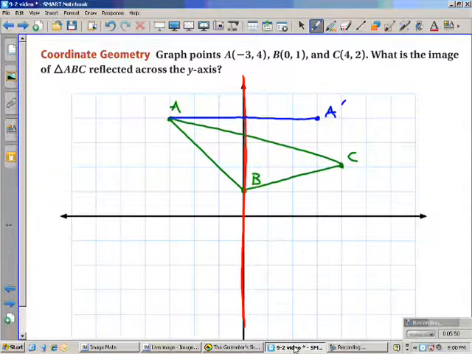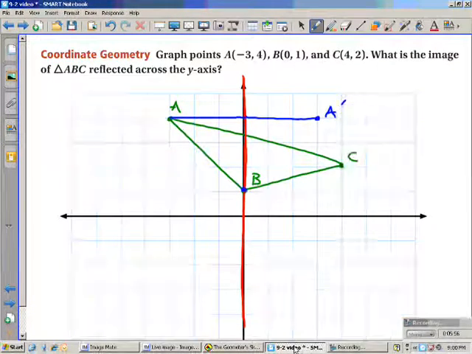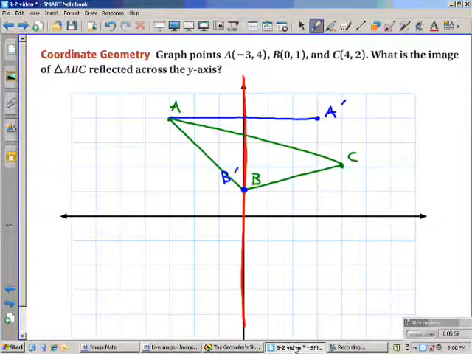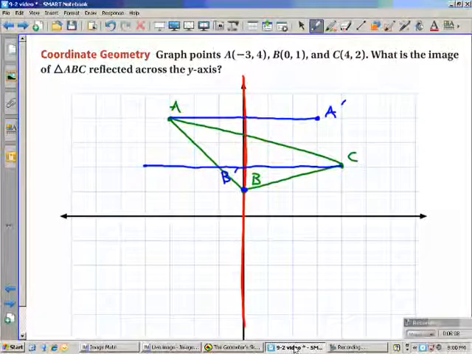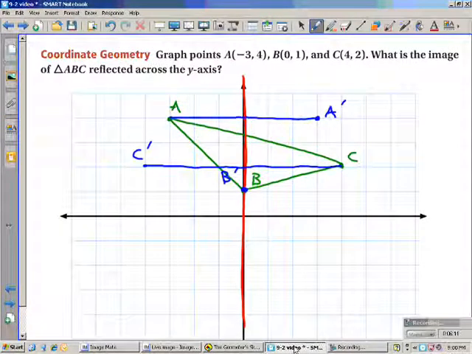Point B is on the line of reflection, so if I reflect it across, I get the exact same point. So this is also B prime. C, I'll go perpendicular to the line of reflection, and I go 4 units. So I go 4 more units, and I get C prime. Now there are lots of lines, sorry about that.